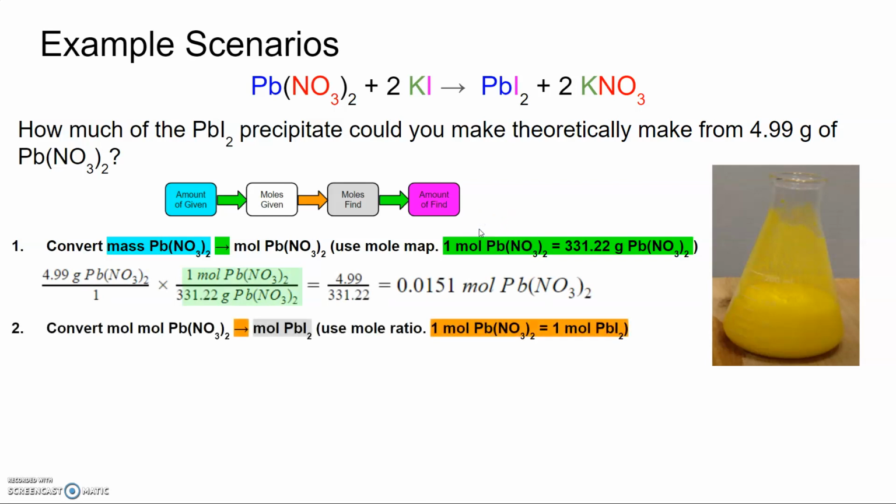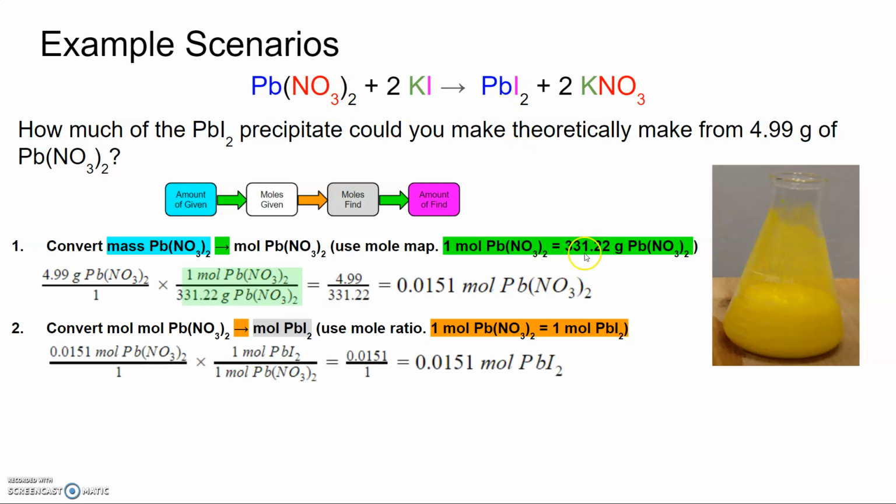Then we're going to convert from the moles of lead nitrate to the moles of lead iodide. In this case, we're going to use the coefficients in the balanced chemical equation as our mole ratio. So we see that there's a 1 in front of lead nitrate and a 1 in front of lead iodide. They have a 1-to-1 mole ratio. And so our work for that will look like this. We would take the moles of lead nitrate we got in step 1, and then we would multiply it by that conversion factor there.